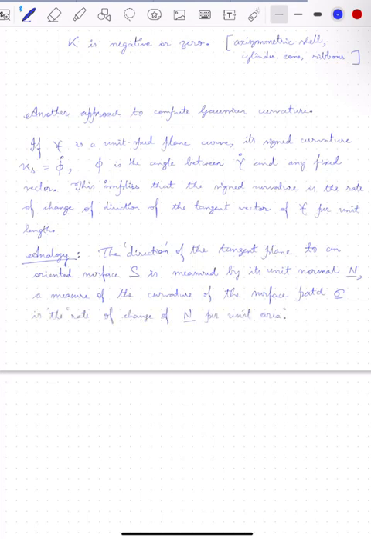So in the case of a surface, it would be the rate of change of the n vector, which happens to be the unit normal, per unit area. That is how the analogy works here.